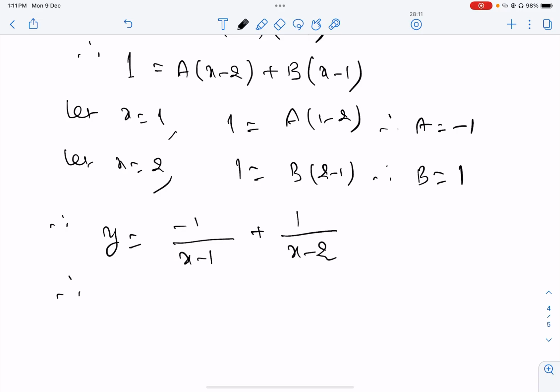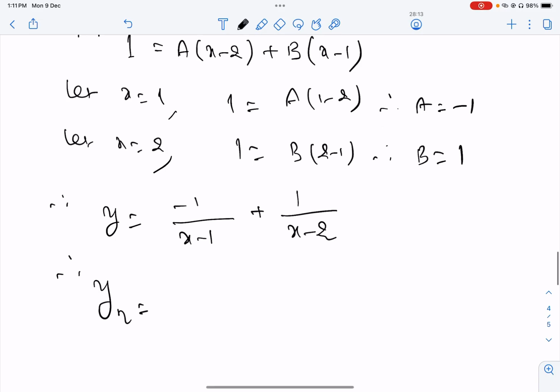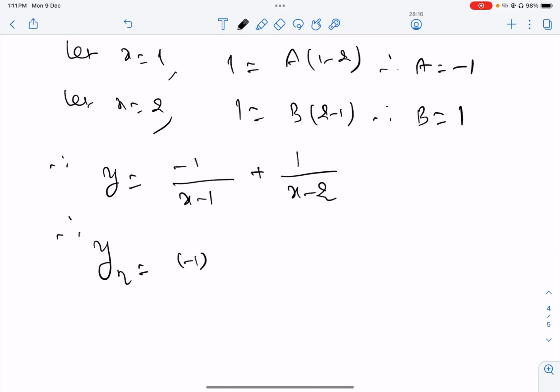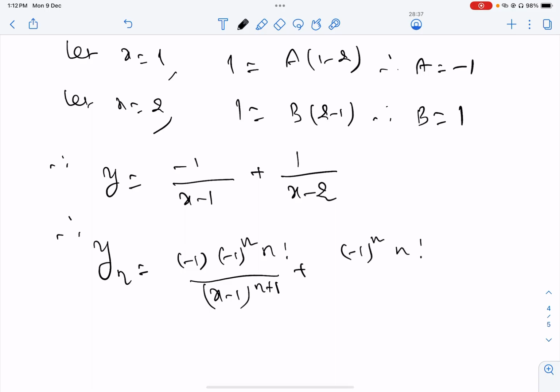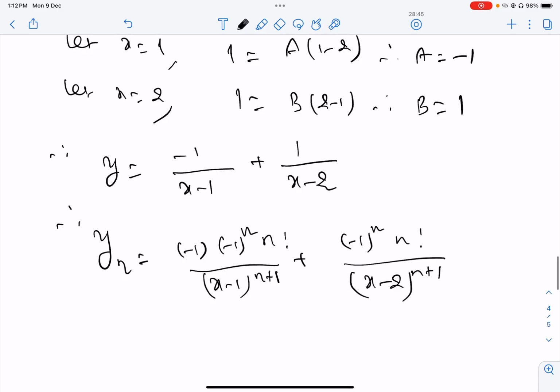And so now this is a standard formula for yn. It is the formula for 1 upon ax plus b. So that is minus 1 power n factorial over x minus 1 power n plus 1, plus minus 1 power n factorial over x minus 2 power n plus 1.